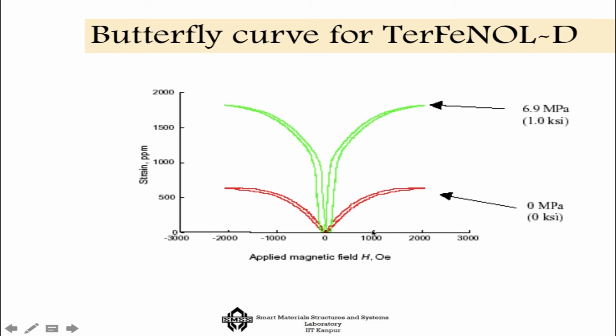Let us say if you keep it already under a biased magnetic field, let us say somewhere here, then if you increase the magnetic field, it is going to expand. If you decrease, it is going to come down. So which means you can actually get a bidirectional movement out of the whole thing.